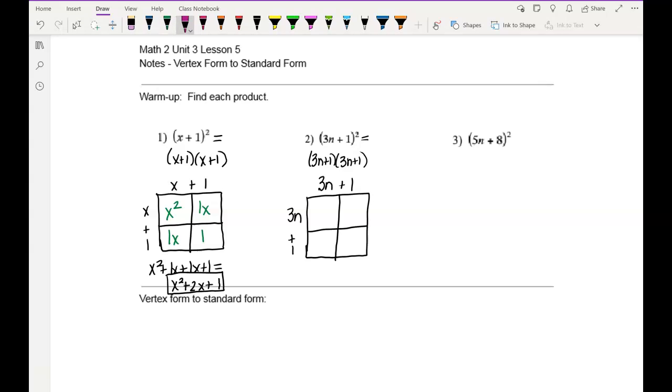So 3n times 3n is 9n squared. 3n times 1 is 3n. 1 times 3n is 3n. 1 times 1 is 1. So 9n squared plus 3n plus 3n plus 1 gives me 9n squared plus 6n plus 1.